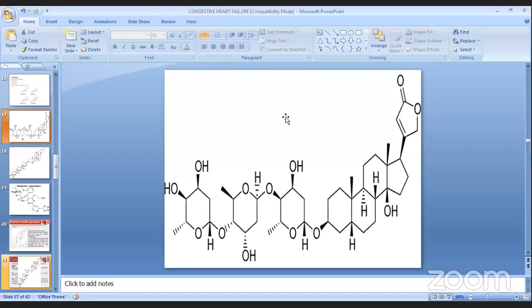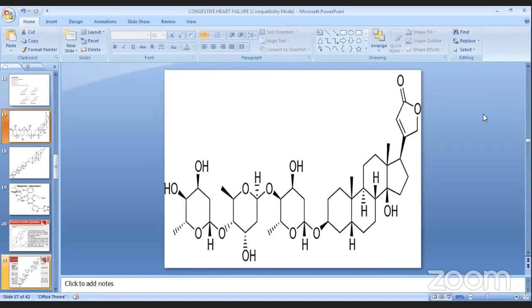It may be 5-membered or 4-membered; the 5-membered ring is a butenolide compound. It is known as cardenolides. What are cardenolides? Cardenolides are the drugs where at the 17 position there is one 5-membered butenolide lactone ring.